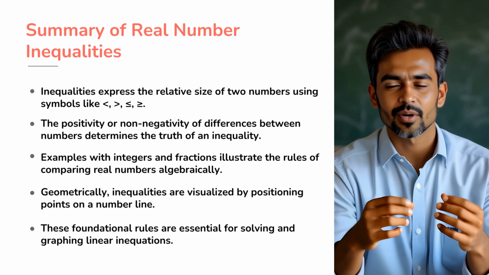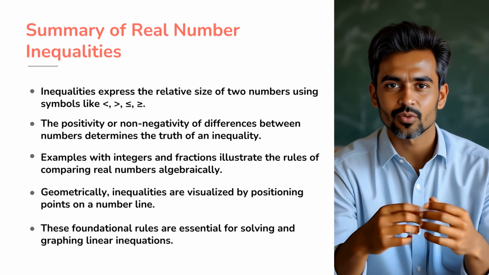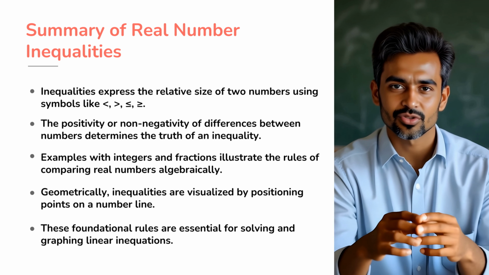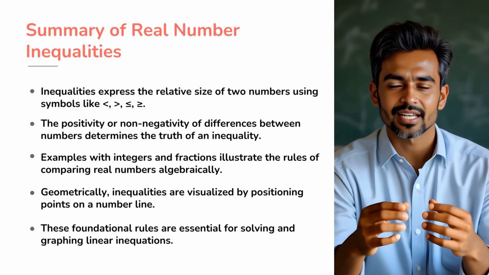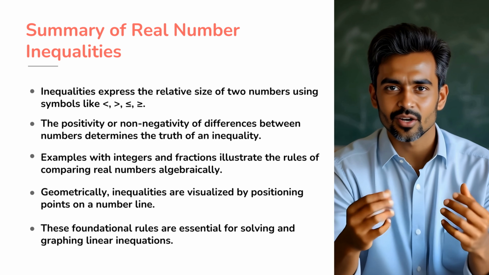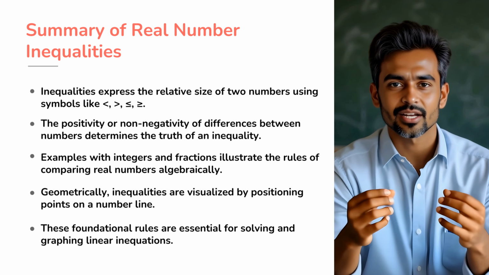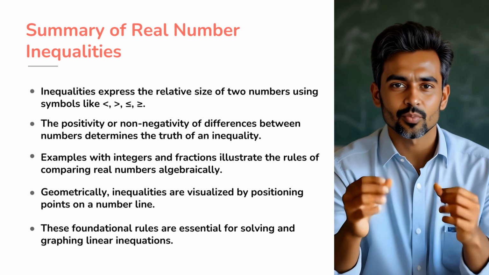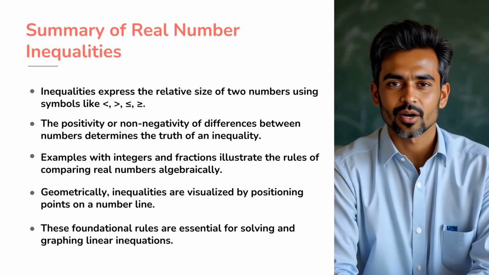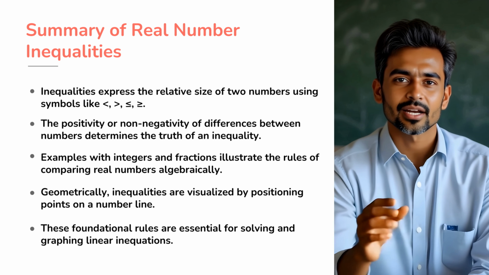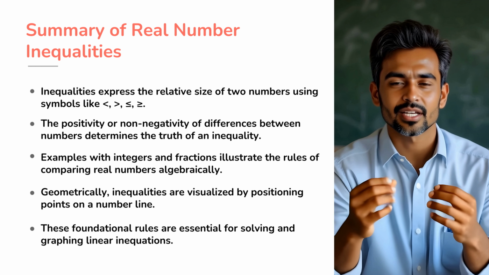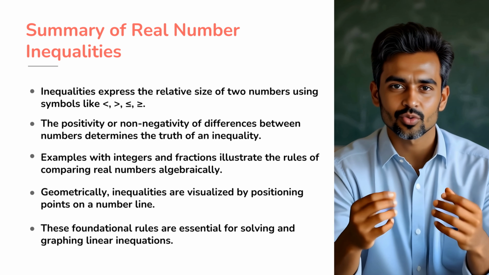Alright, let's wrap up. We've seen how inequalities help compare values using 4 signs: less than, greater than, less than or equal to, and greater than or equal to. We learned that the difference between the numbers, either B minus A or A minus B, tells us if the inequality is true.